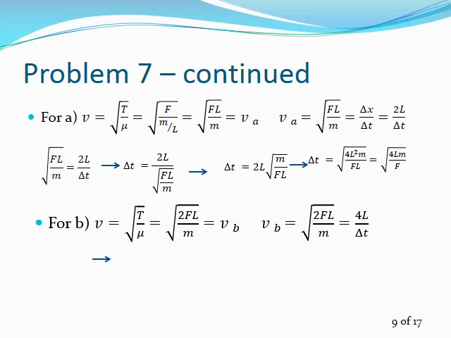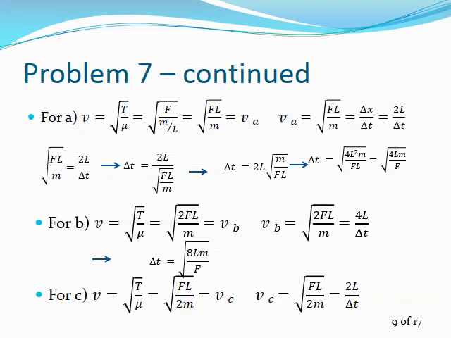So if I do all the same math and I solve for delta t, I get this expression. You notice how this is larger than A, so this takes more time than A. Now I do the same thing for C, but in C the difference is the mass is twice as large as it was in both A and B. And then I solve for the time for part C, and when I do that, I get this expression. Notice that's exactly equal to the same time I had for part B.